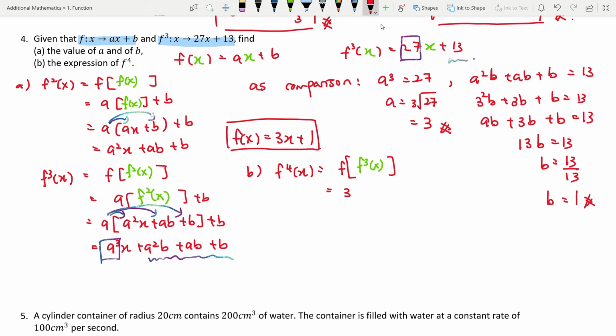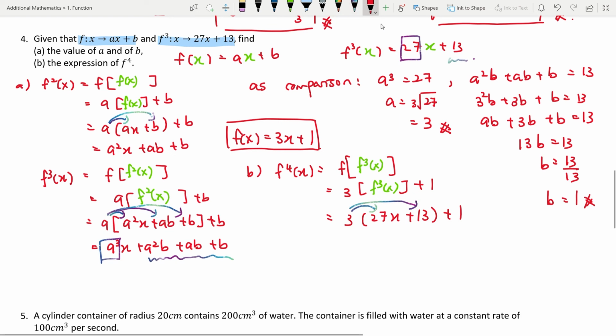We got 3(f³(x)) plus 1. f³(x) is given, 27x plus 13, plus 1. Then we expand the bracket. 81x plus 39 plus 1. Simplified, we get 81x plus 40.